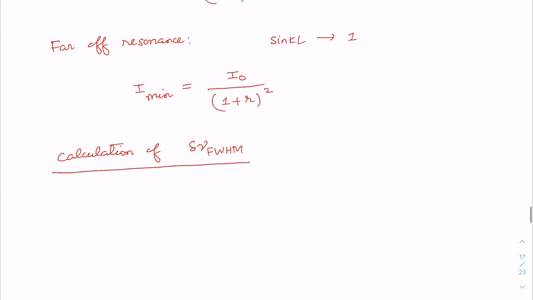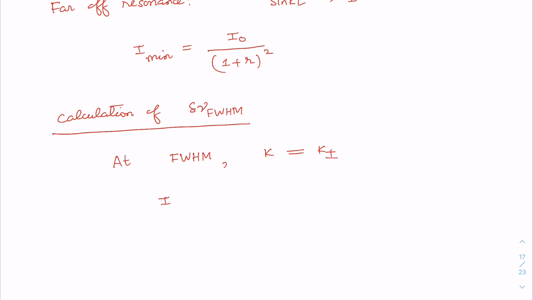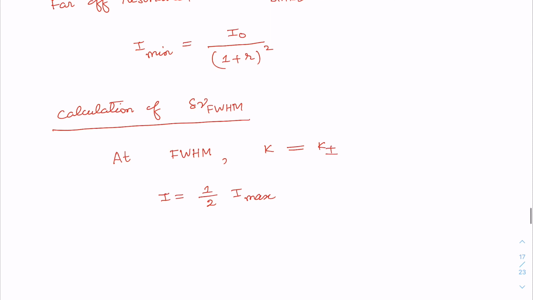This is pretty easy, because you know that at full width at half maximum, let us say k is taking the value k plus minus, then the intensity, because it is half maximum, so you have half I max. That's the half of the maximum.